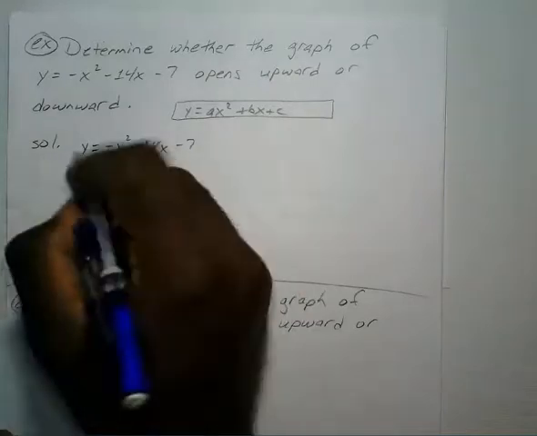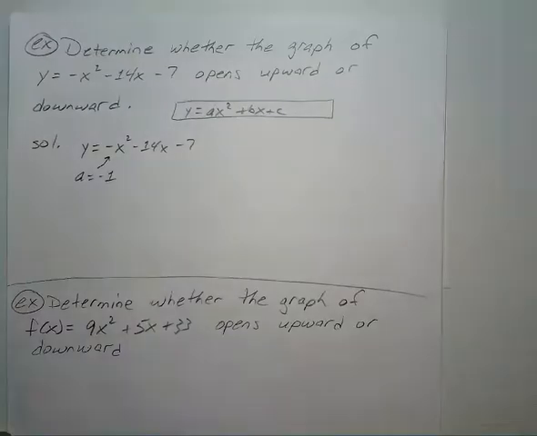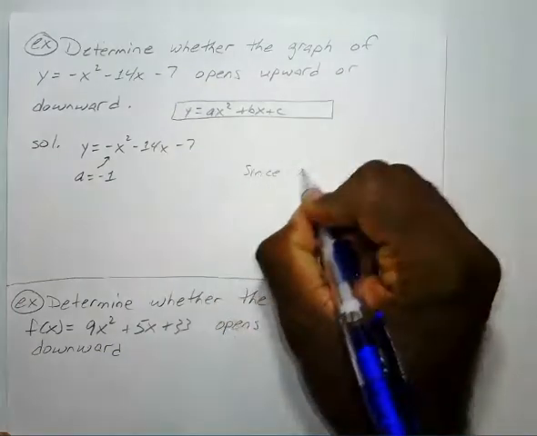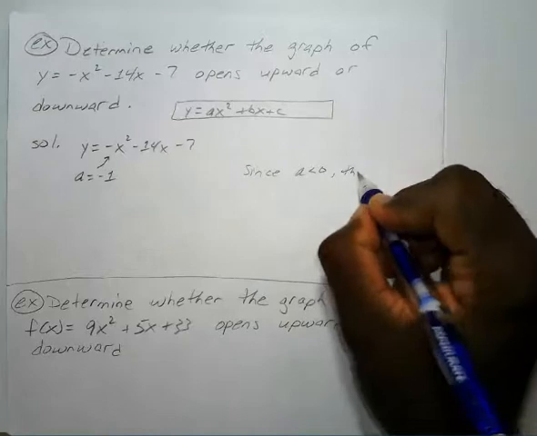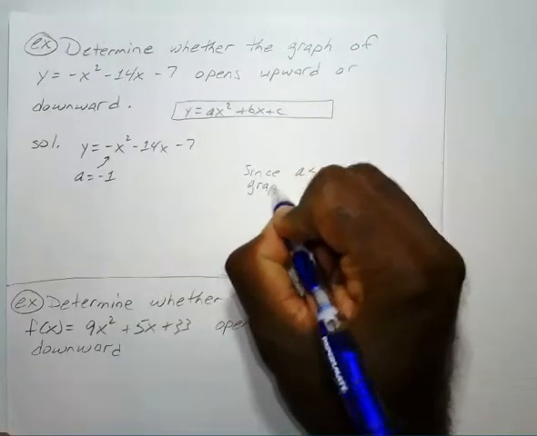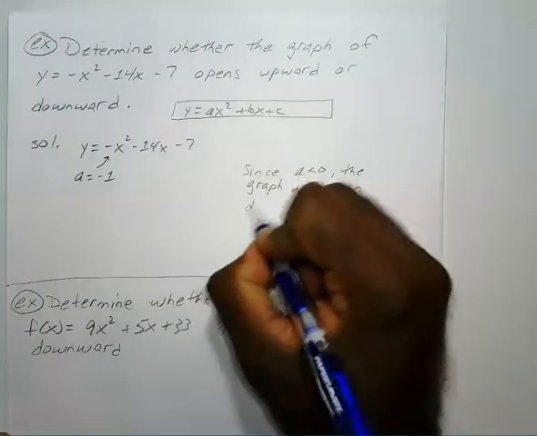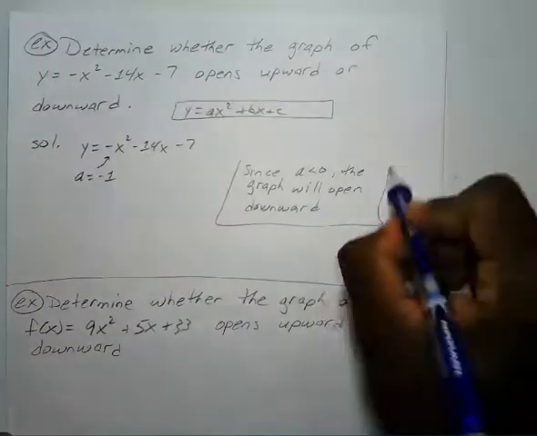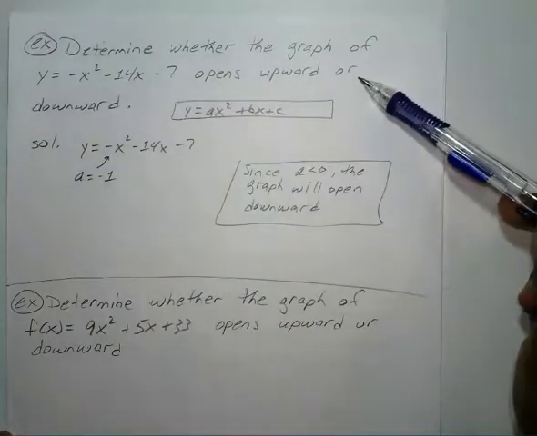In this case, your a is equal to negative 1. Since a is less than 0, the graph will open downward. We don't necessarily have to graph it on this one. We'll do that a little later. We just wanted to know whether it opens up or down.